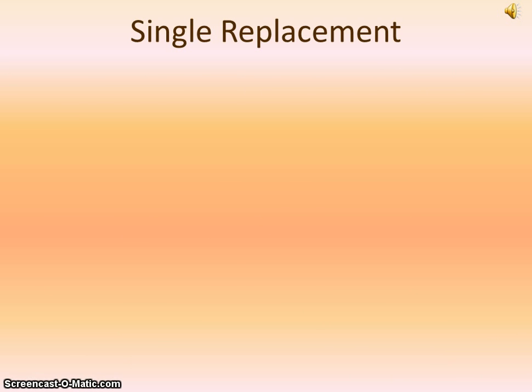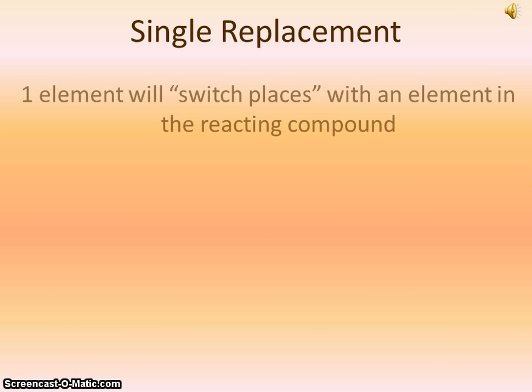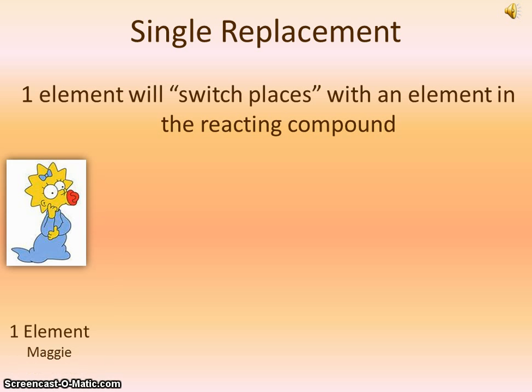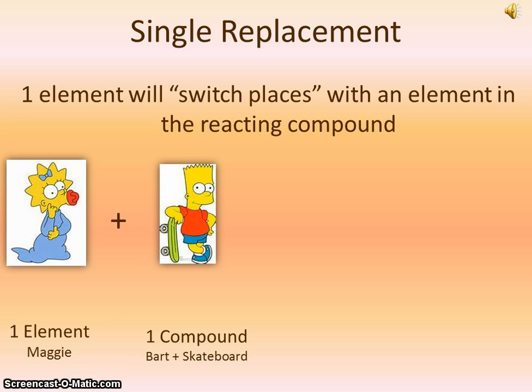Single replacement. In this reaction type, one element will switch places with an element in a reacting compound. An example of this would be Maggie Simpson standing by herself representing one element, reacting with Bart Simpson standing with his skateboard. Now in this case, Bart Simpson and his skateboard would represent a compound.